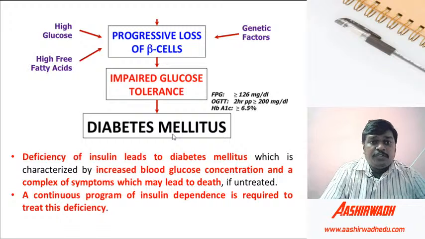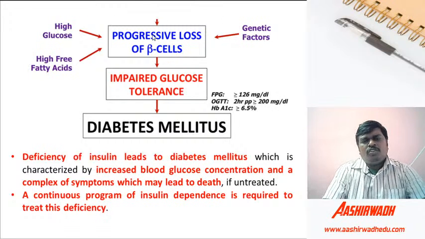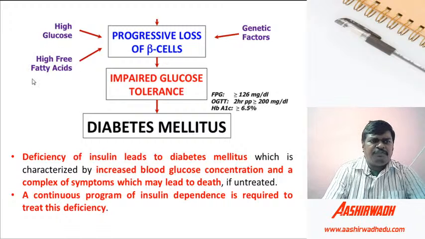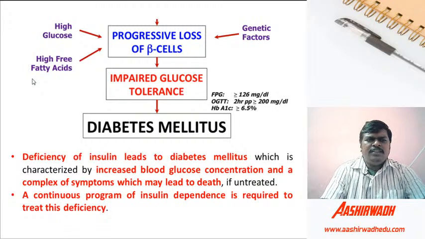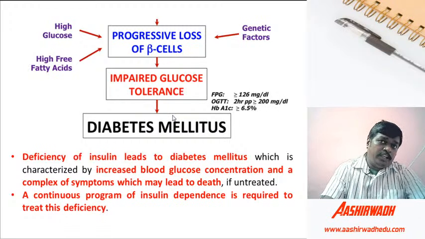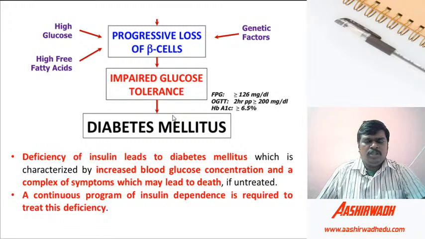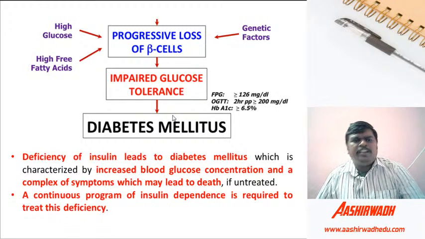The deficiency of insulin hormone in human beings can lead to a disease called diabetes mellitus. The progressive loss of beta cells due to genetic factors or high glucose or high free fatty acids results in impaired glucose tolerance in the body. So what will happen, a high level of glucose will be there in the blood, which can lead to diabetes mellitus.